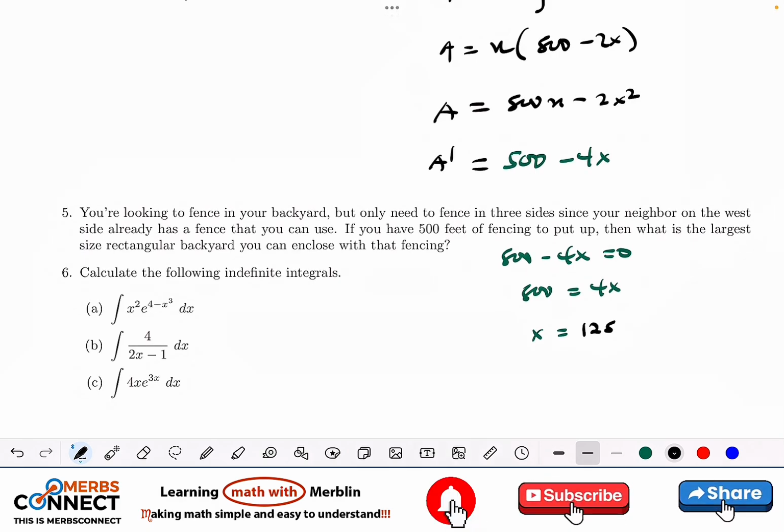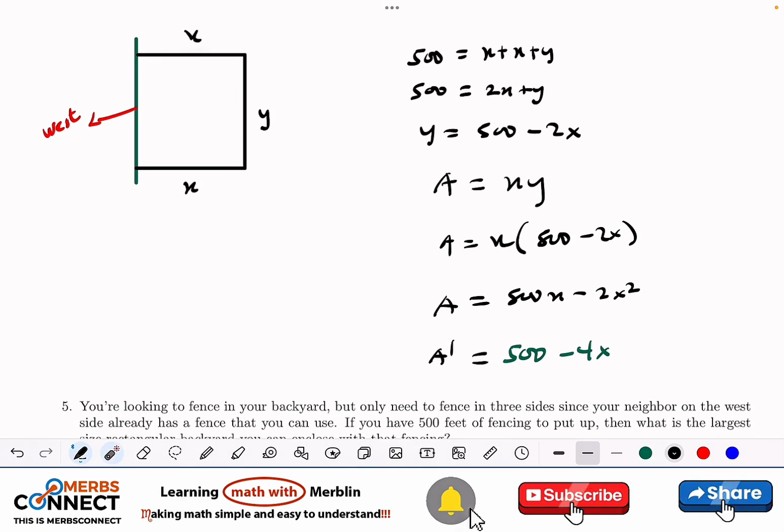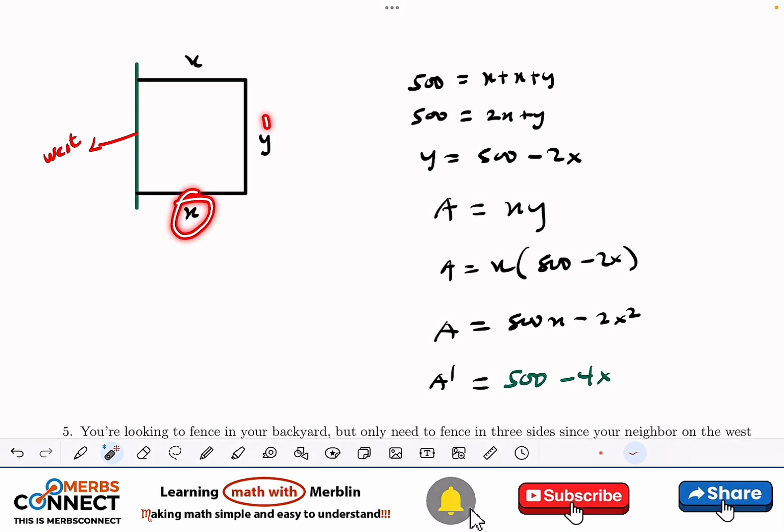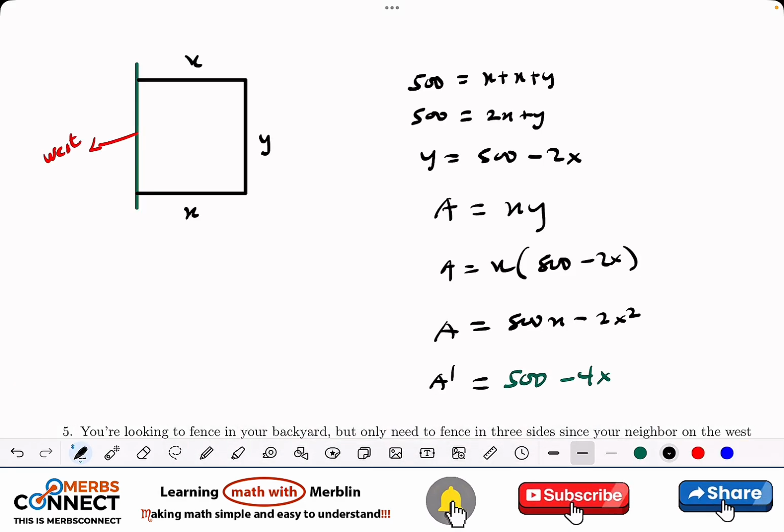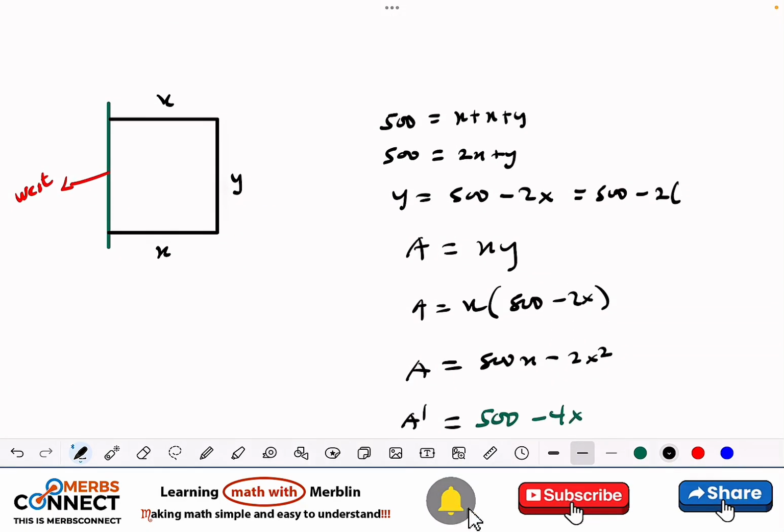So since we are looking at the size, then we need to look for y, because the sizes are x and y. So y is equal to 500 minus 2 times x. What is x? 125.